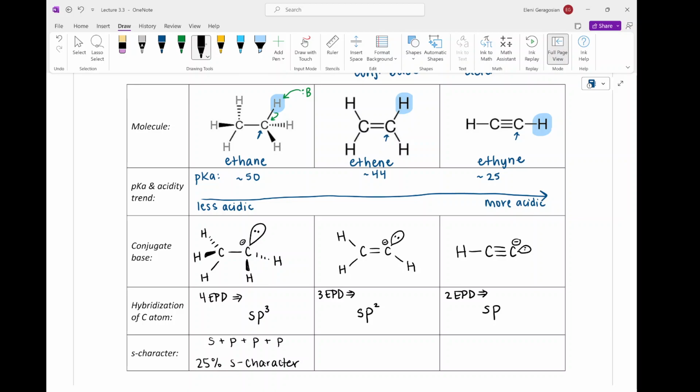For sp2, we have s plus p plus p hybridized. So we have 33% s character because 1/3 of the hybridized orbitals is an s orbital. And then for sp, we have an s orbital and a p orbital, so that's 50% s character.